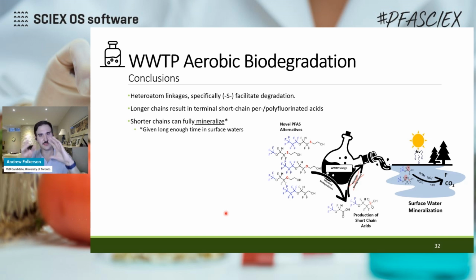We get to see an increased shortening of these products into these very, very small species, which do not further biodegrade. But when released into the water, there are opportunities for these short acids to fully mineralize, resulting from these shorter fluorinated alcohols, with that short terminal tail, giving the potential, again, to fully mineralize with PFAS.